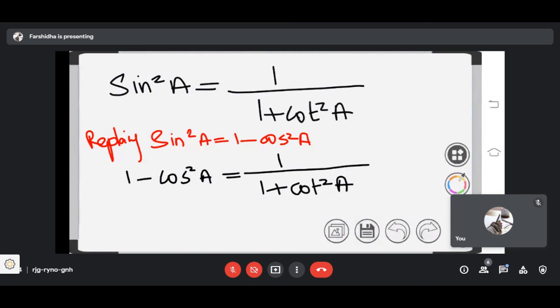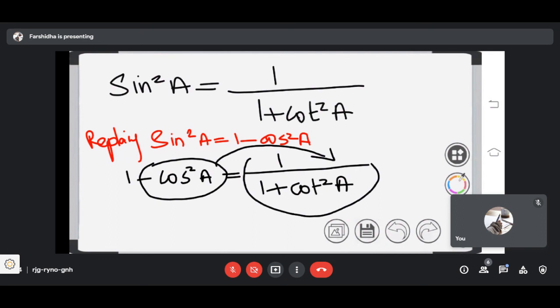Now I need an equation for cos. For this cos, I need an equation. So I'm taking this minus cos square A to the other side and the whole term on the other side to this side, so that I'll get some equation for cos.